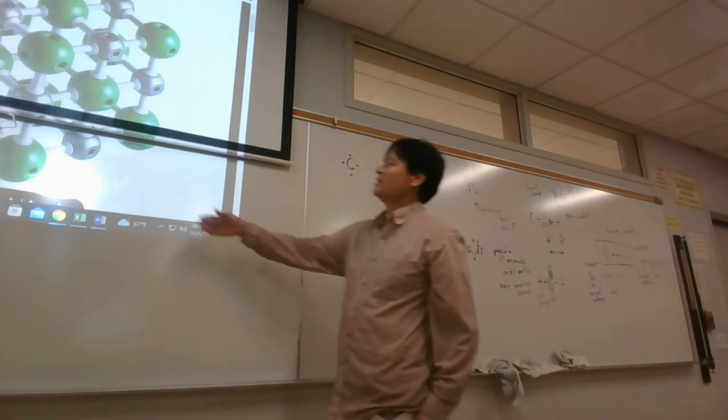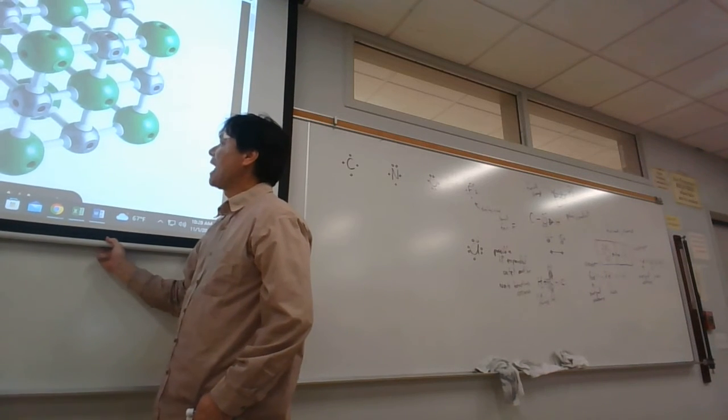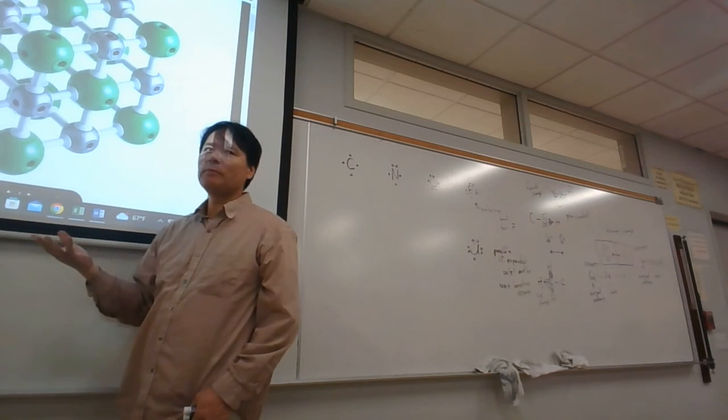Chlorine, or chloride in this case, has how many bonds? Ionic bonds.